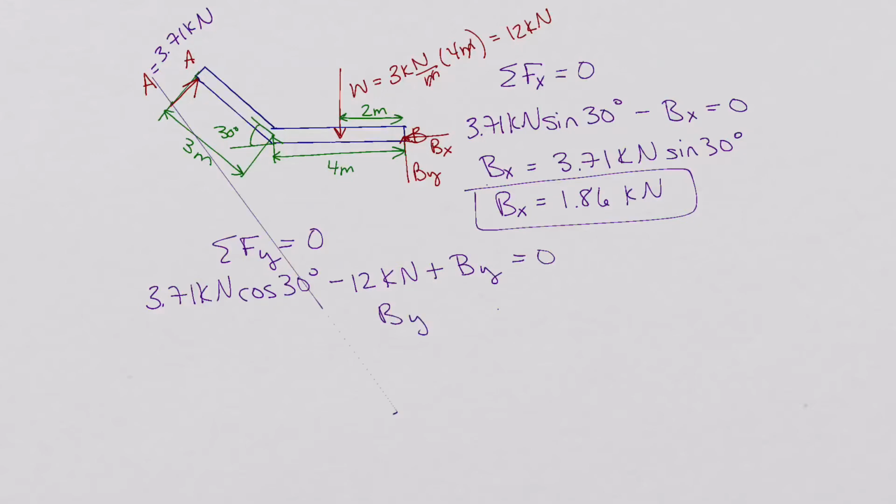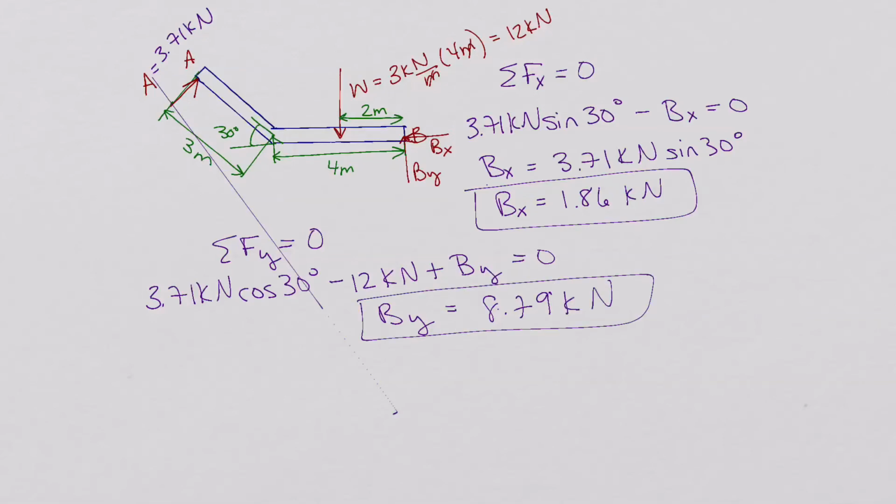So By is going to equal 12 minus the 3.71 times the cosine of 30. So we get 8.79 kilonewtons.